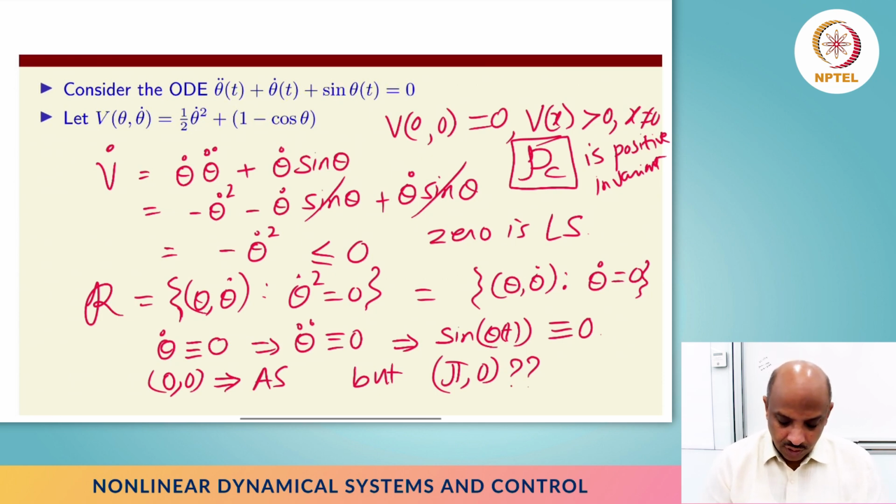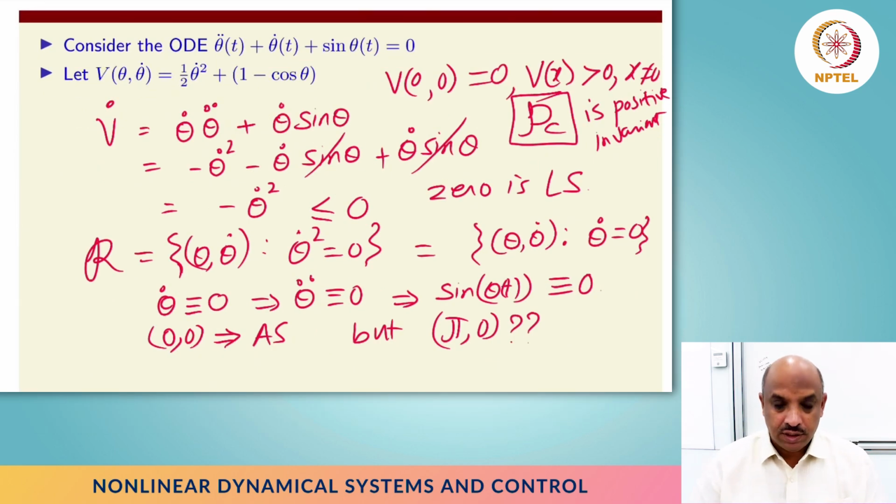When we look at the invariant set using the dynamics, we can show that theta dot is identically 0. That's coming from your basic condition, and theta double dot is therefore identically 0. From the original dynamics equation, that implies sine of theta is equal to 0, which means basically all the equilibrium points. If at all R contains all the equilibrium points, then we will get them.